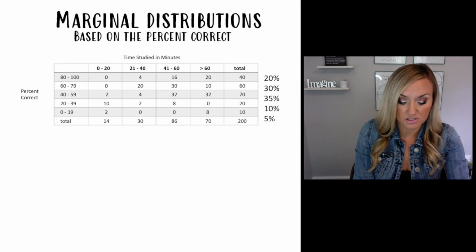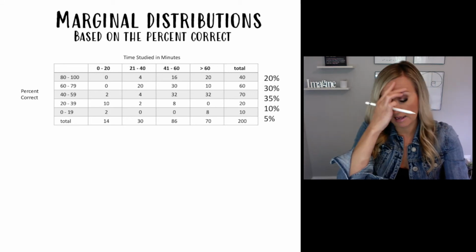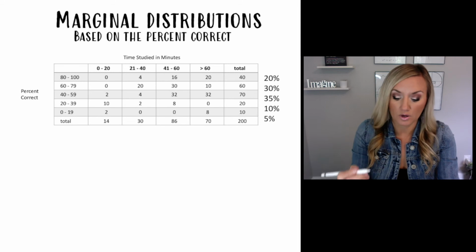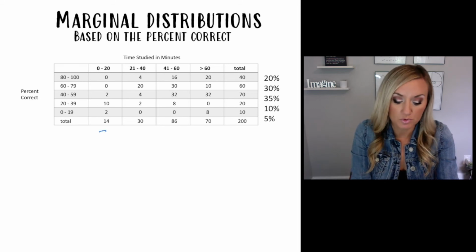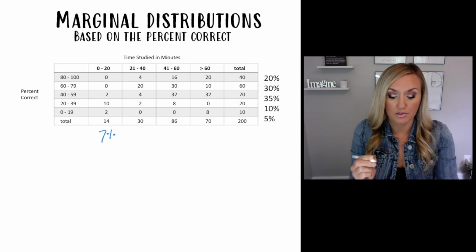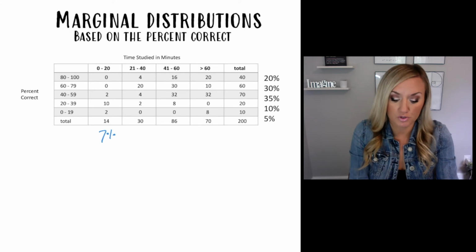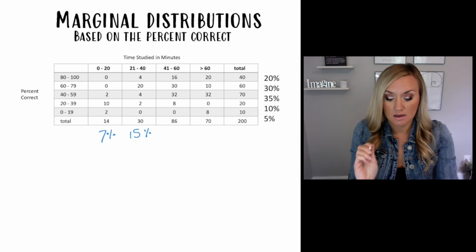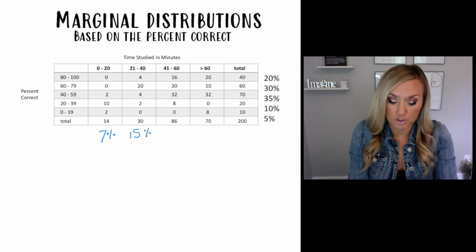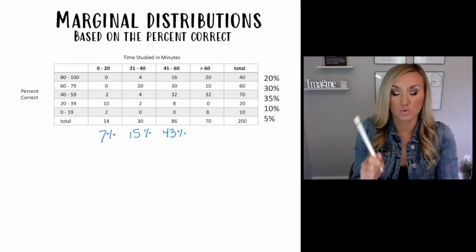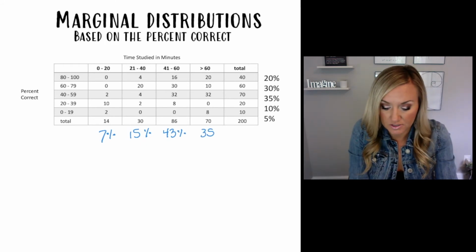We don't have percentages down there, so let's add them. 14 out of 200 would be 7%. 30 out of the 200 students would be 15%. 86 out of 200 students would be 43%. And 70 students out of that 200 is 35%.